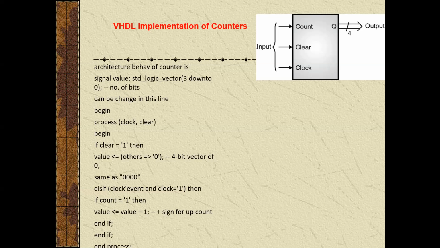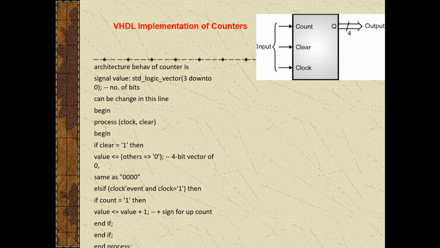Else if the clock event and clock is 1, then if count equal to 1, the value will be assigned value plus 1, incrementing by 1 each time. We use both if conditions: first, clear equal to 1, then the output will be 0 0 0 0.